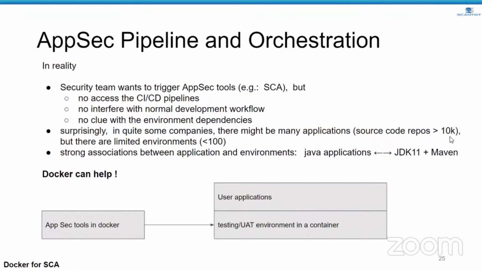After that, we found out that although there are so many repositories, the environments are limited, less than 100, and these environments are strongly associated with the application itself. For example, all the Java applications use the same environment, JDK 11 plus Maven. In this case, we can use Docker as a quick toolbox to prepare these environments like a sandbox.